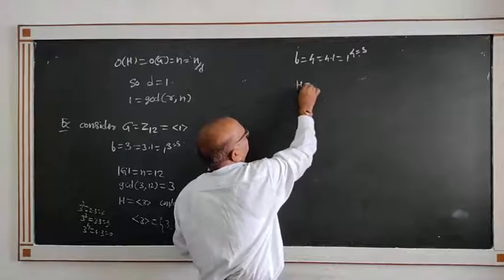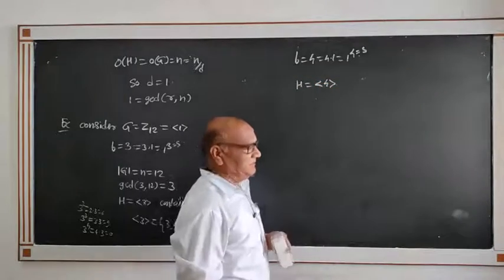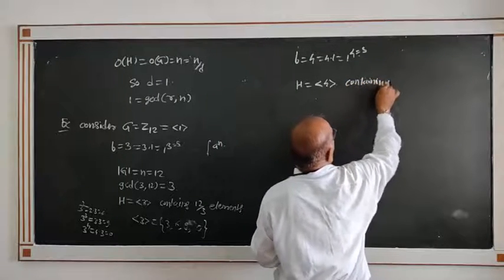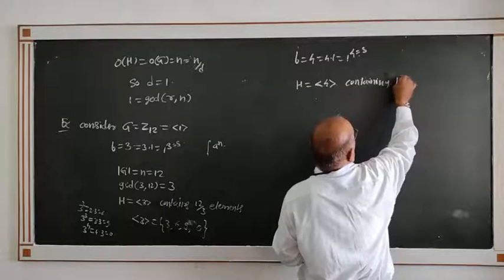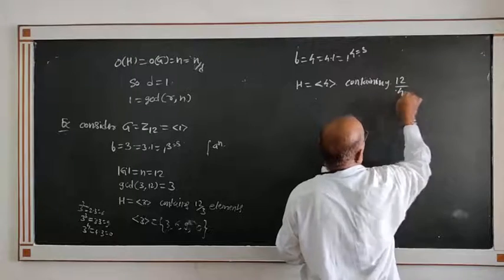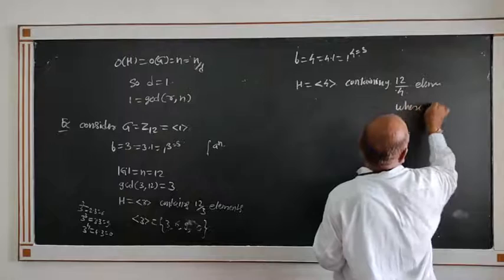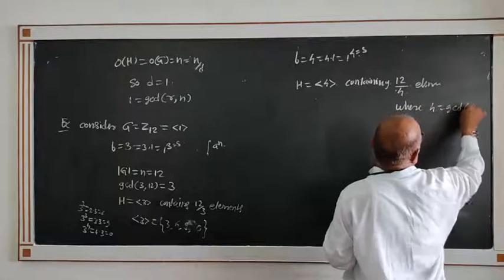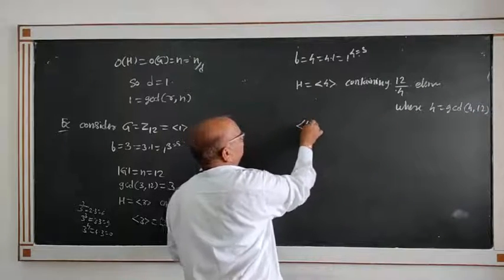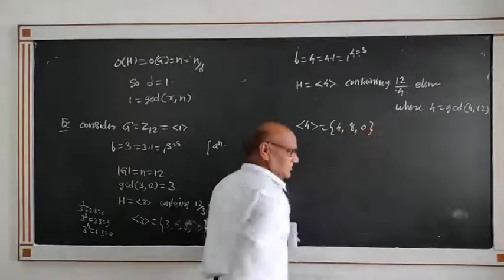Then H is equal to the subgroup generated by 4, containing how many elements? 12 by 4 elements, where 4 is GCD of 4 and 12. That means 3 elements. So here, if we take 4, it gives 4, 8, 0, like this.